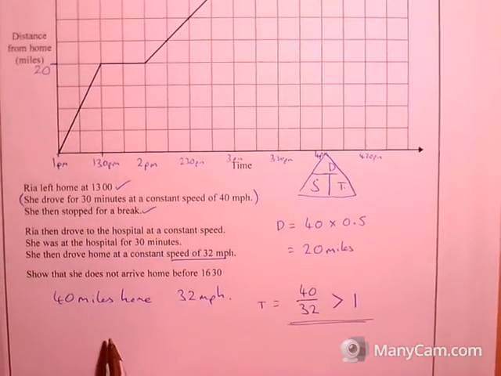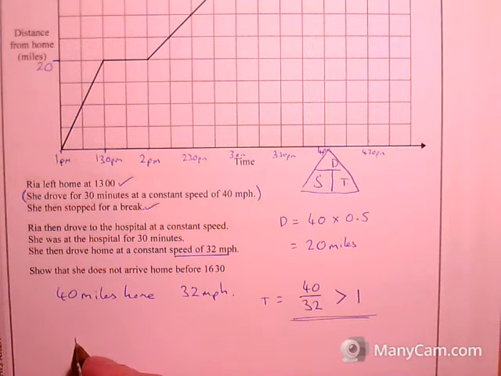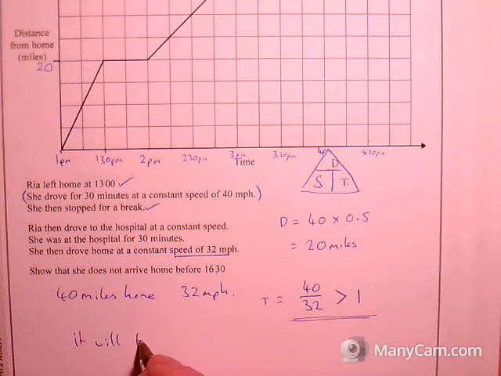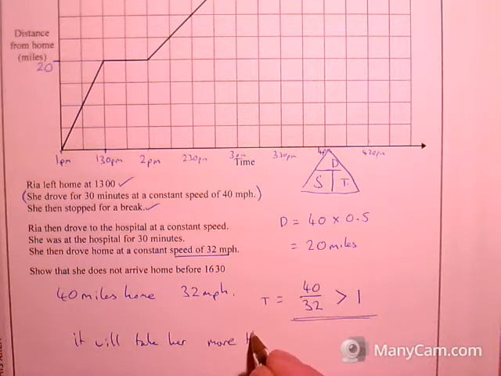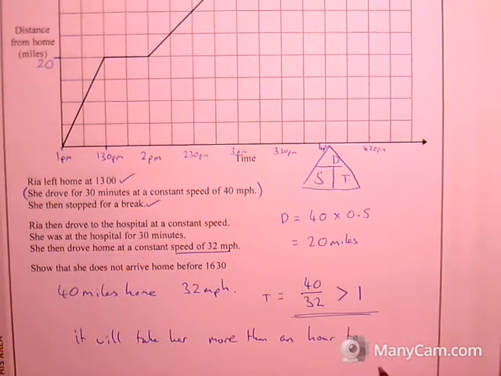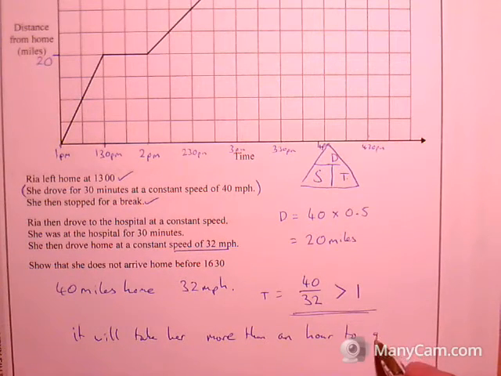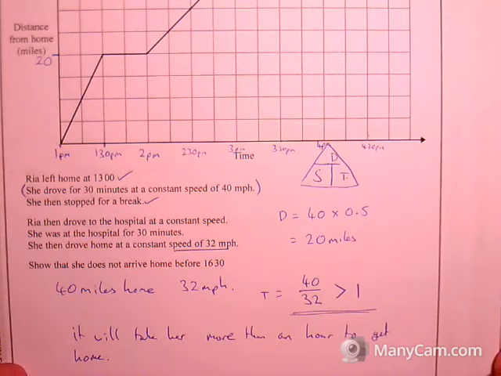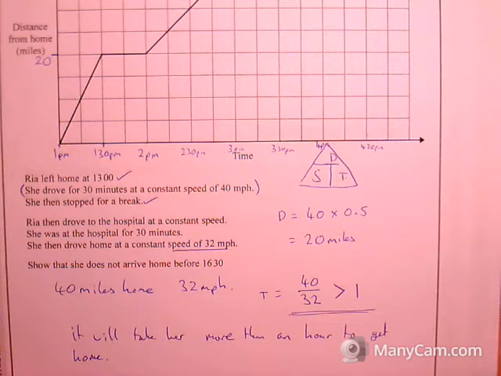Maybe conclude with a sentence saying that it will take her more than an hour to get home. And there you've shown that she doesn't arrive home before 4:30.